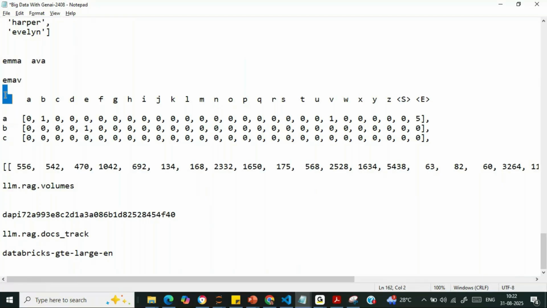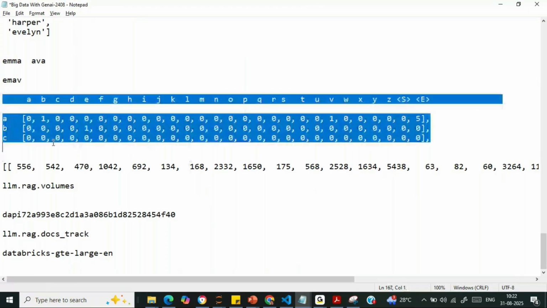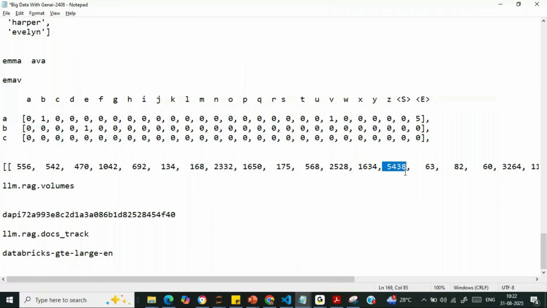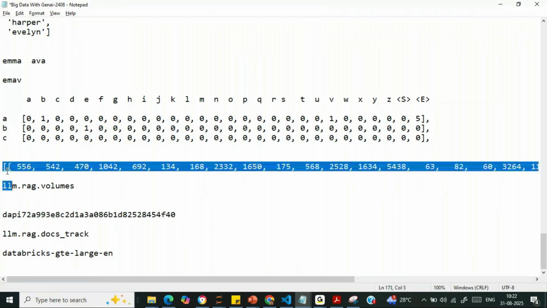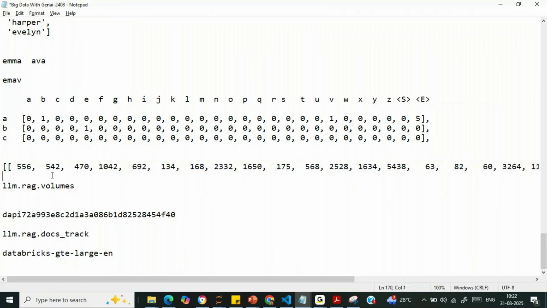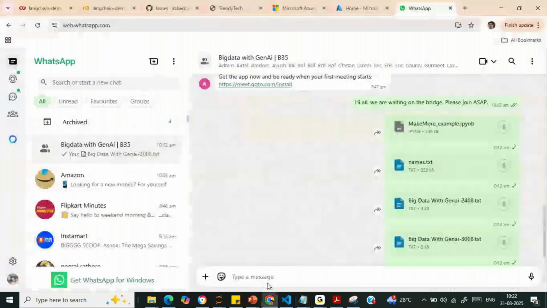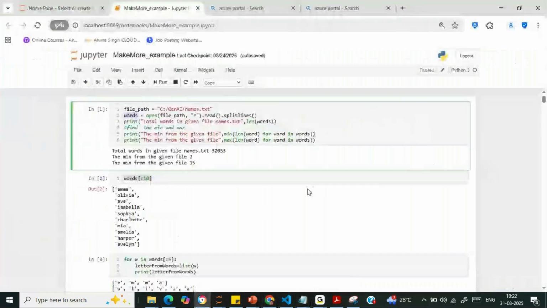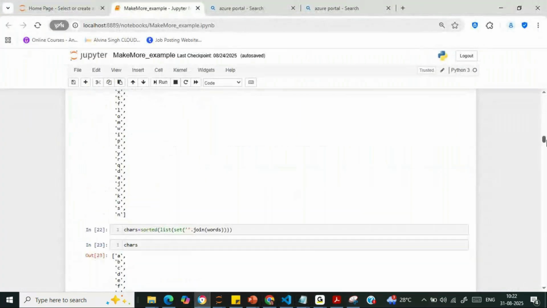So with the help of this, I'm able to get this. This we have done mathematically. The percentage we have calculated: if we divide each element by the sum of all the elements, then I will be able to get the percentage. So that's what I have done over here.